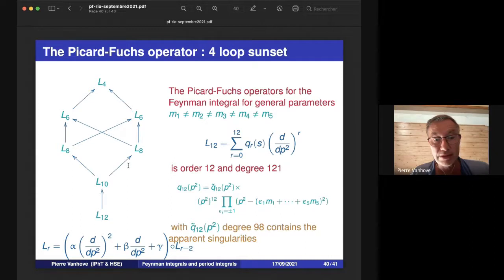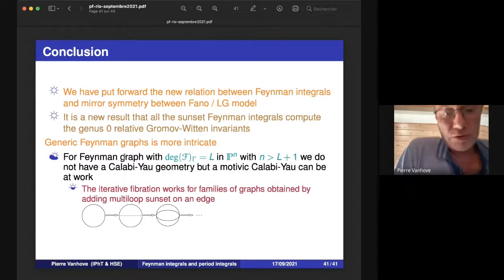So 12, 10, 8, 6, 4. And indeed, by explicit construction of the differential operator, we can see that factorization. So I'm going to finish on that.